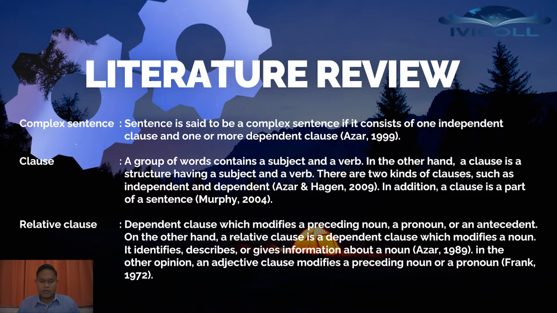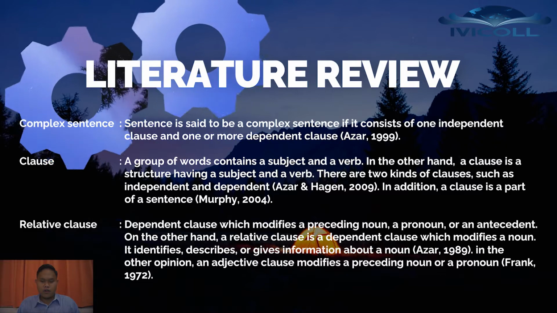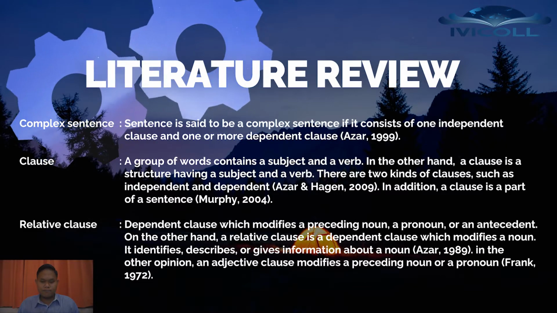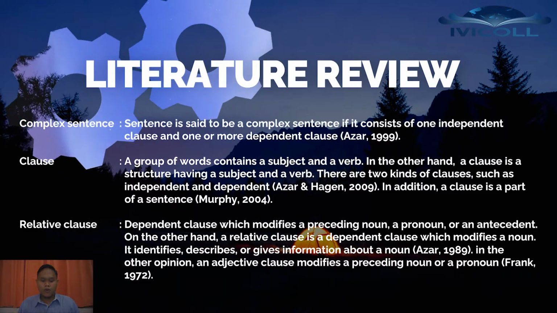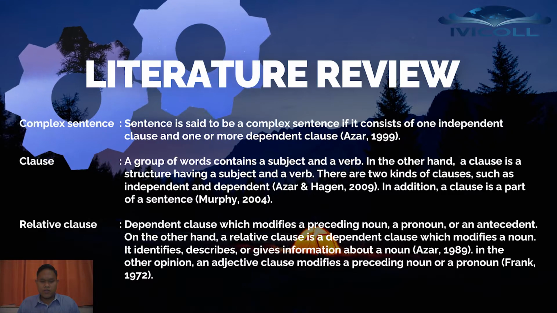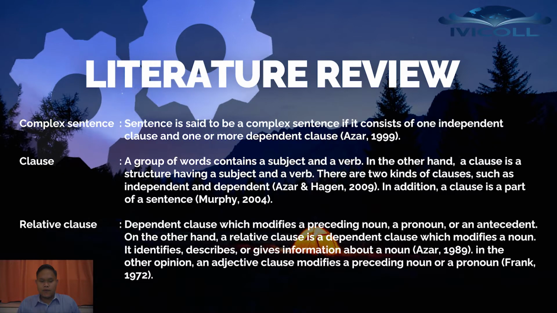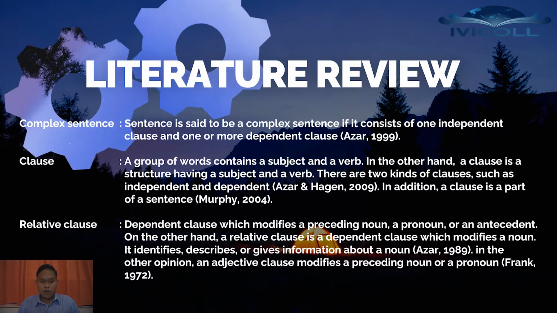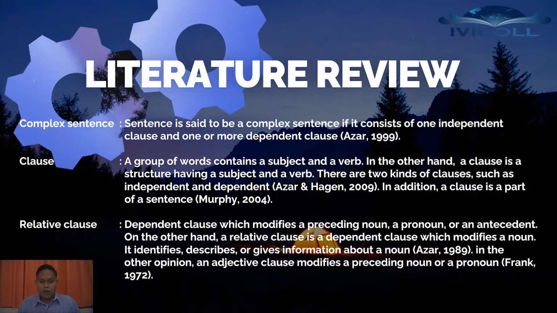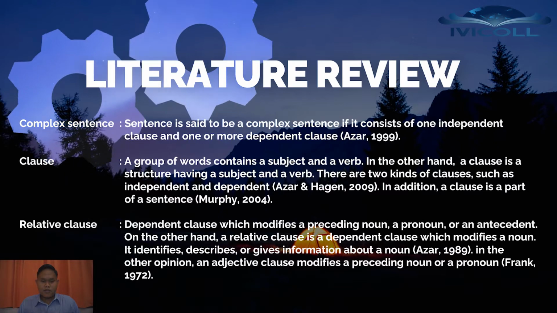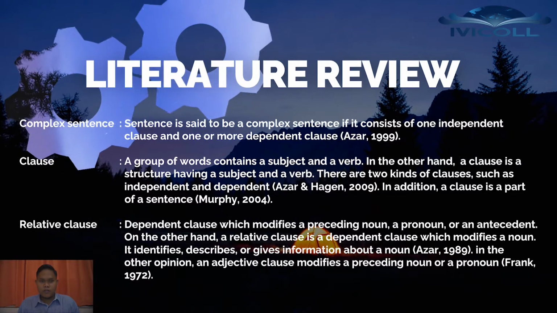On the other hand, a clause is a structure having a subject and a verb. There are two kinds of clauses, independent and dependent clause, based on Azar and Hajan 2009. In addition, a clause is a part of a sentence, Murphy 2004.